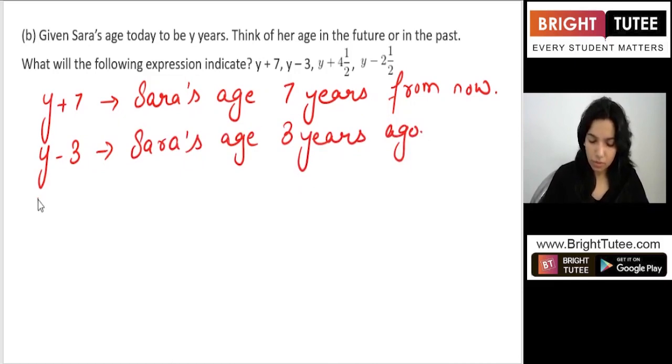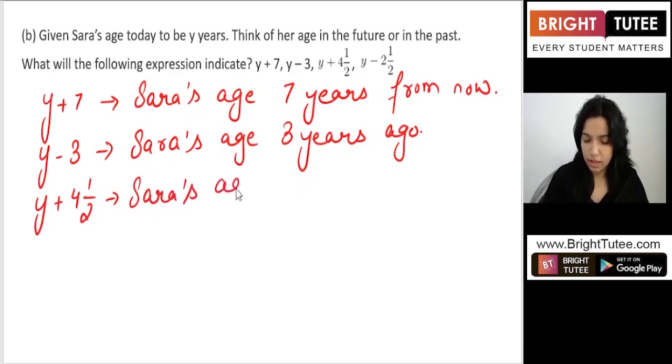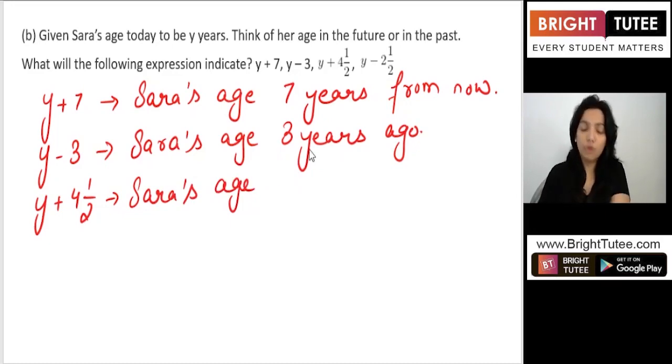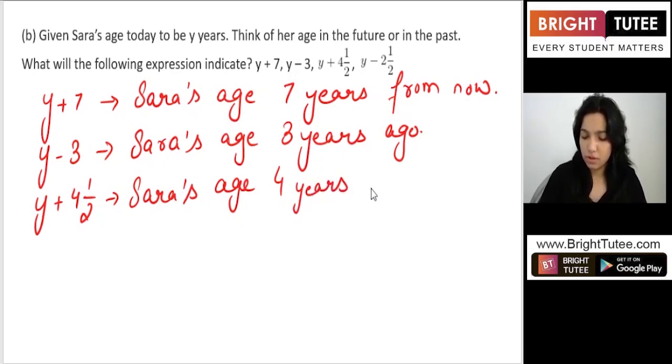Right? Now what is Y plus 4.5? So this is Sarah's age 4.5 years from now. Either we write 4.5 years or we can write 4 years 6 months from now.